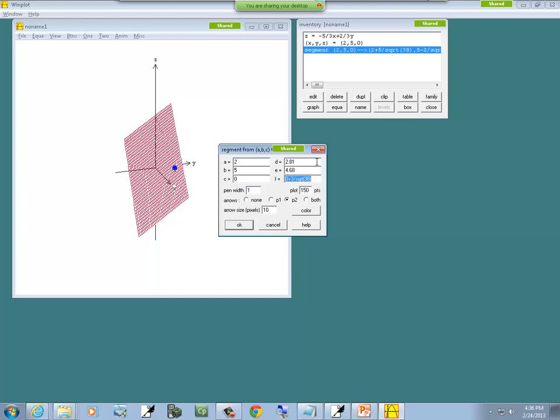And then this one would be 3 divided by square root of 38, 0.49.